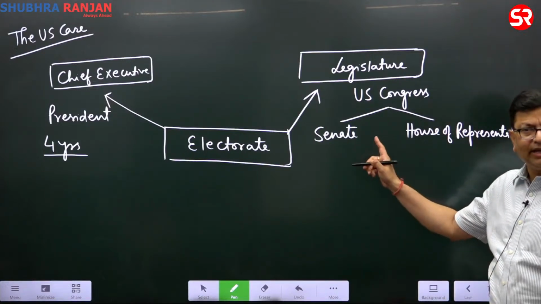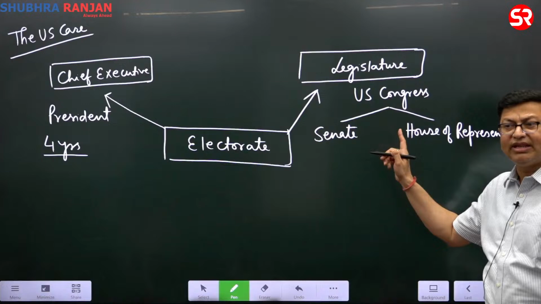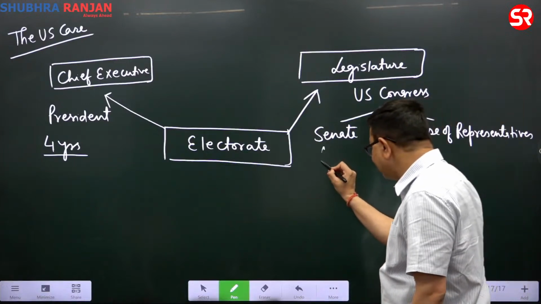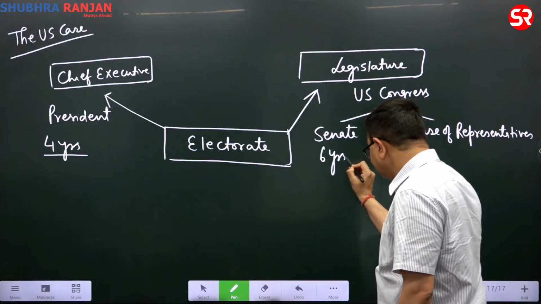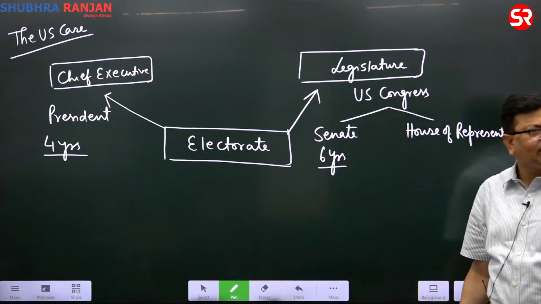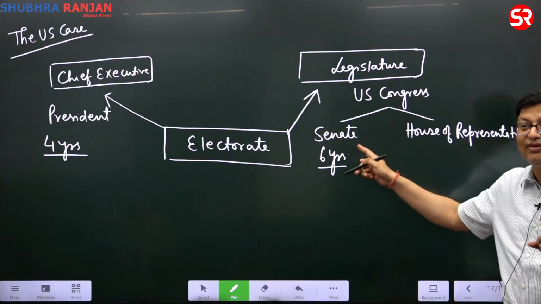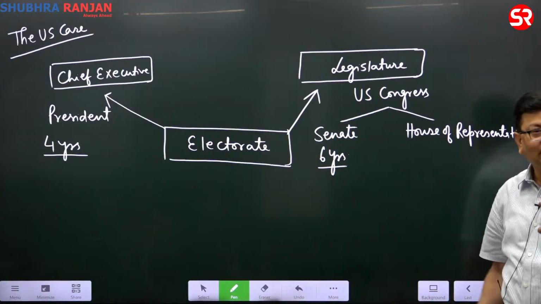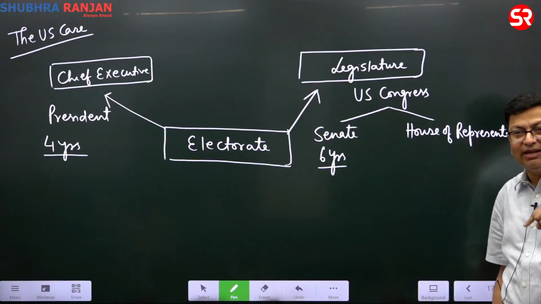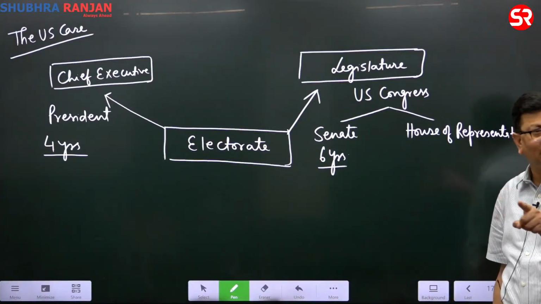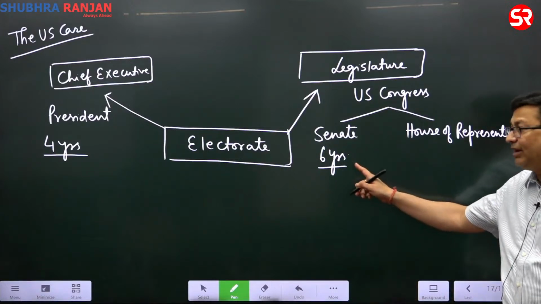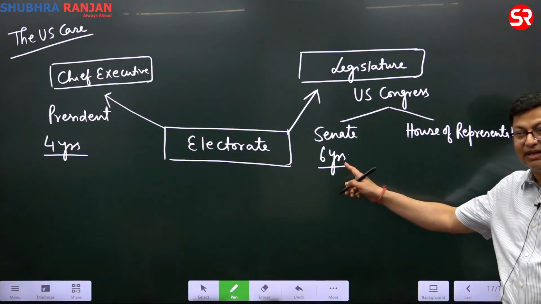The people elect the members of the Senate every 6 years. There is direct election also. No doubt it is just like our Rajya Sabha. But in case of Rajya Sabha in our country, the MLAs elect the representatives, whereas here the people directly elect the representatives.